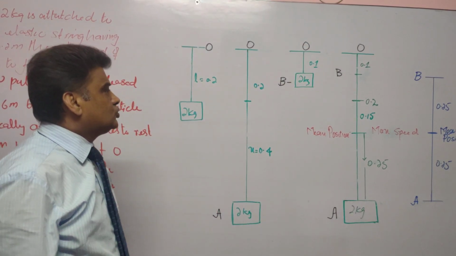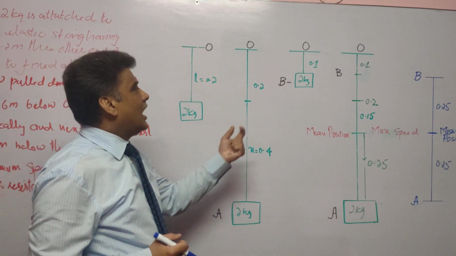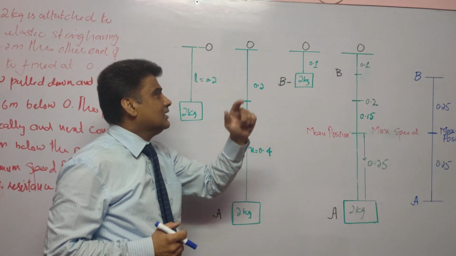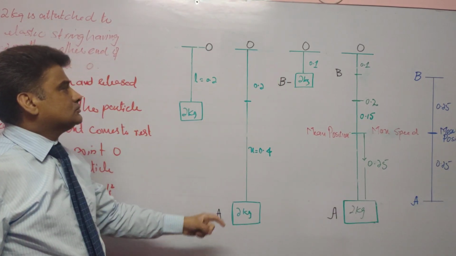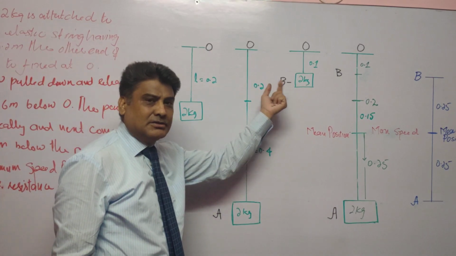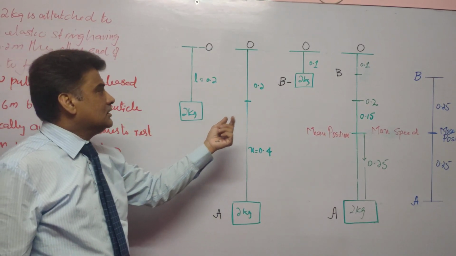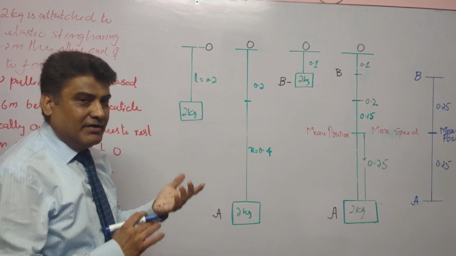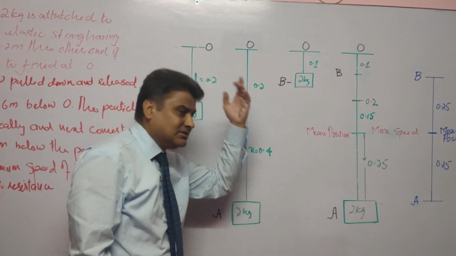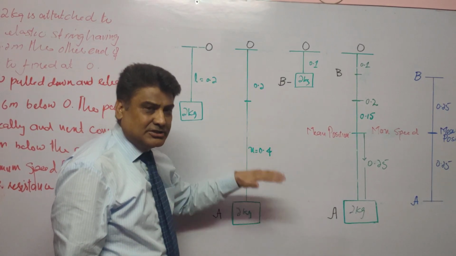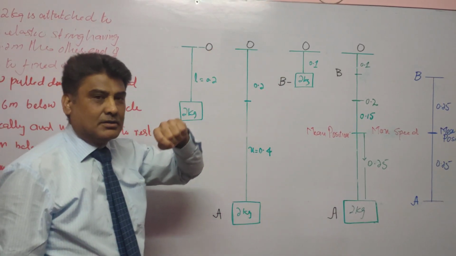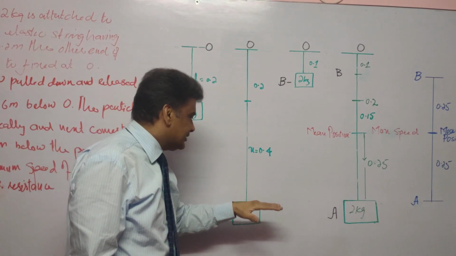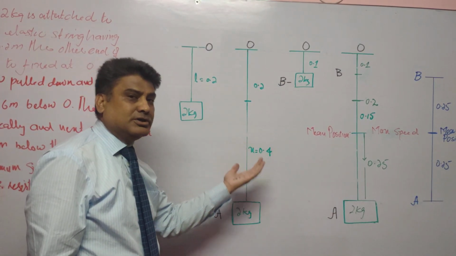Hence, the total energy of the particle at point B will be gravitational potential energy plus elastic potential energy. When the particle moves upward, its gravitational potential energy continuously increases, but its elastic potential energy continuously decreases.